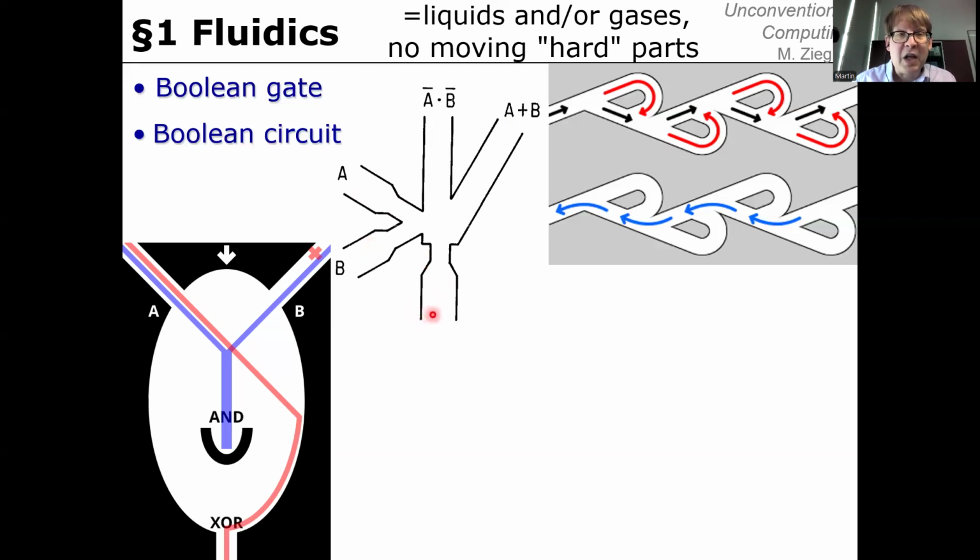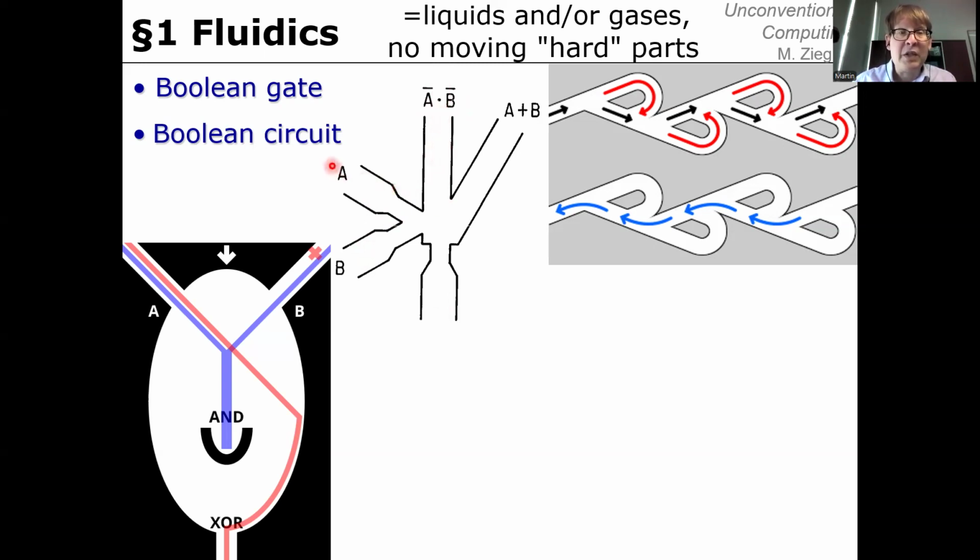So imagine here's a high pressure input stream. If there's no signal on A and B, then this high pressure input stream just passes through and leaves here. No input signals on A and B means that negated A is true and negated B is true, and therefore also the conjunction, the product, which means conjunction. So then there's an output stream here.